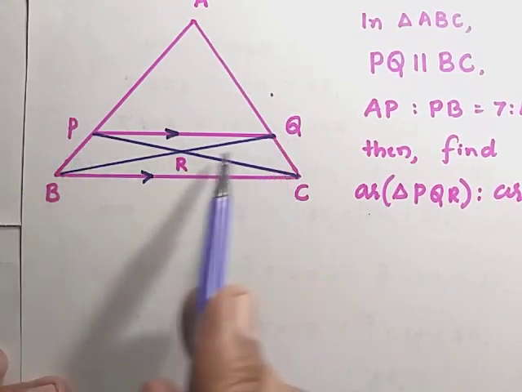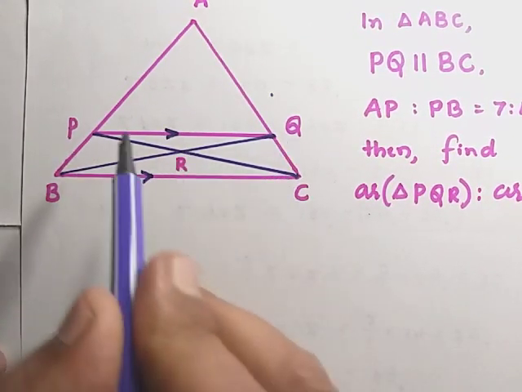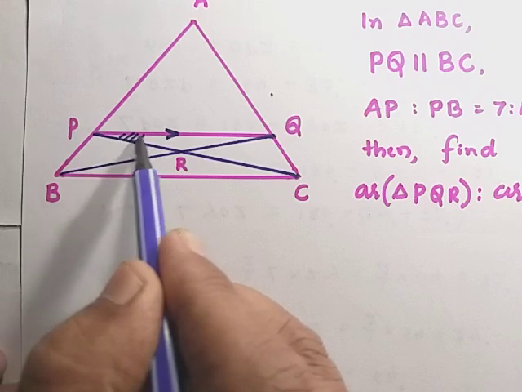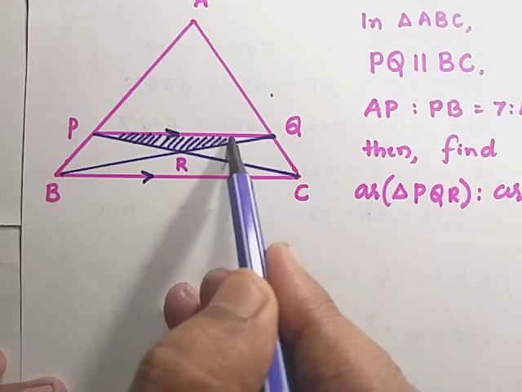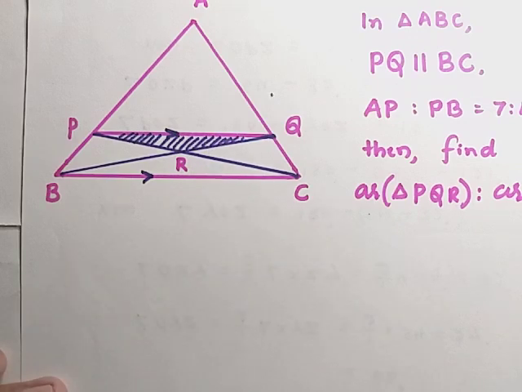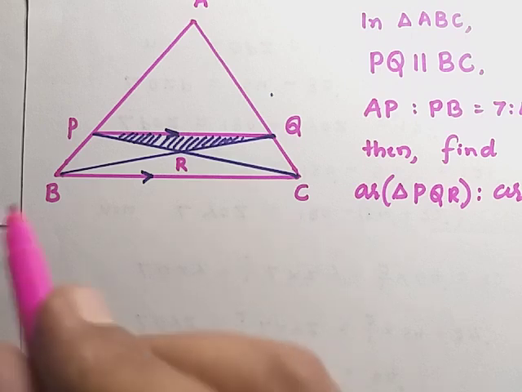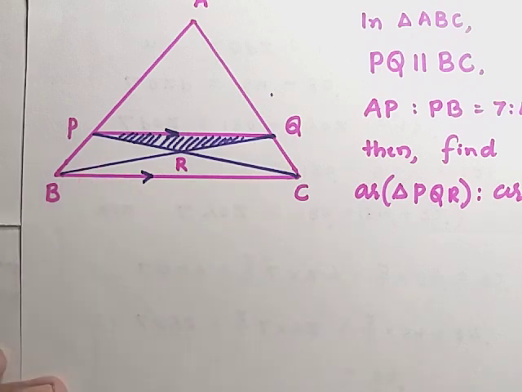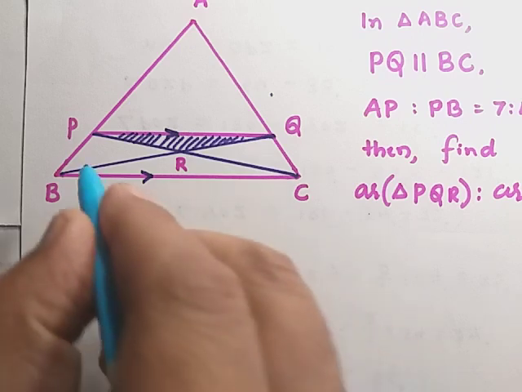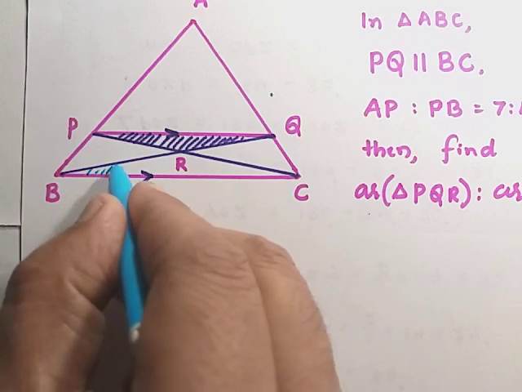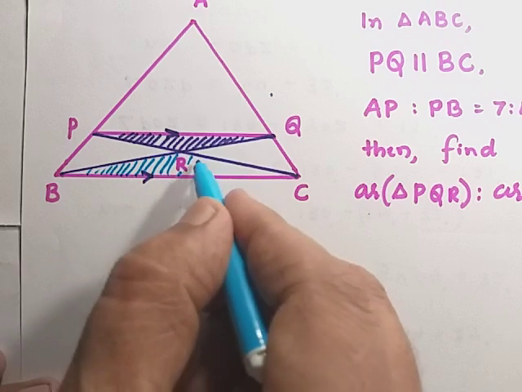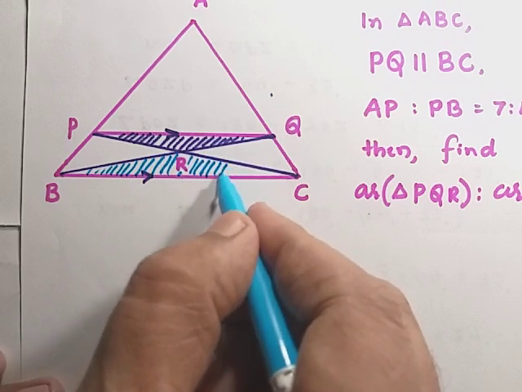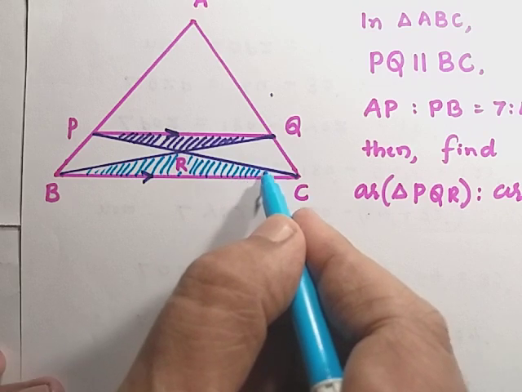That is the area of triangle PQR, this area, and this area. We need to find the ratio of these two areas of the triangles.